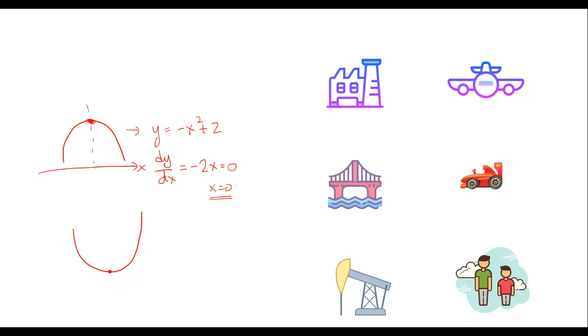This x equals 0 implies the maximum value for your y. So you just put x equals 0 into your original function. Then you have x equals 0 as your critical point, and your maximum value now becomes 2.